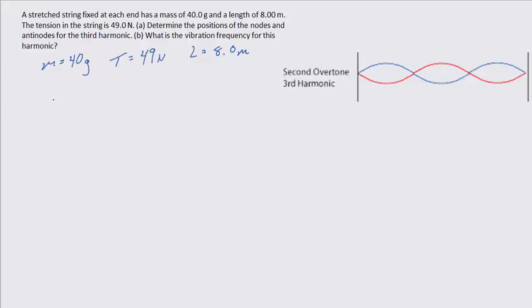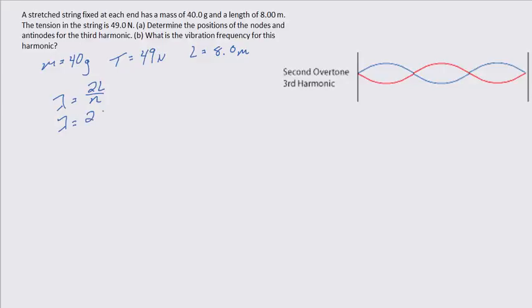And we know from our equation that our wavelength is equal to 2 times the length of our string divided by the number of our harmonics. Since we know the length of our string is 8 meters, and we're given the string is in its third harmonic, we can solve for the wavelength.